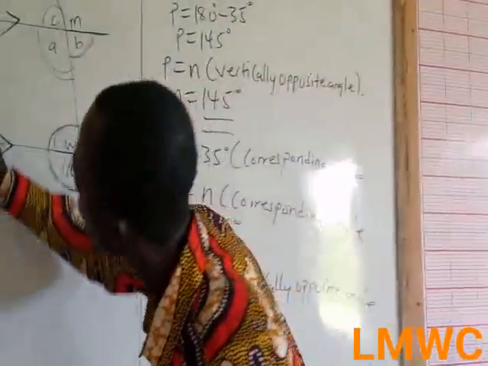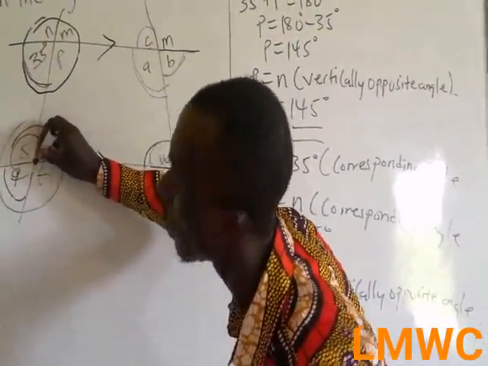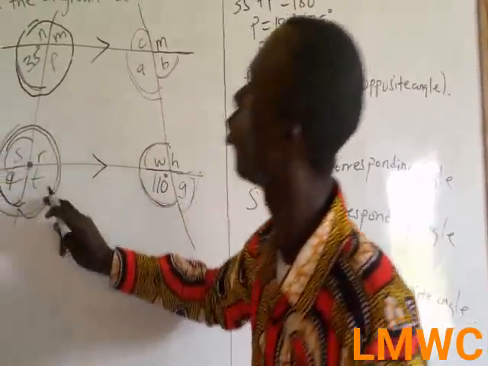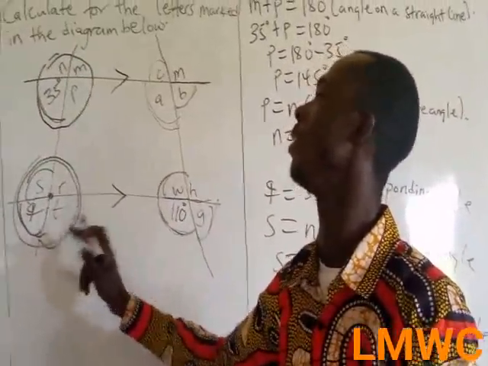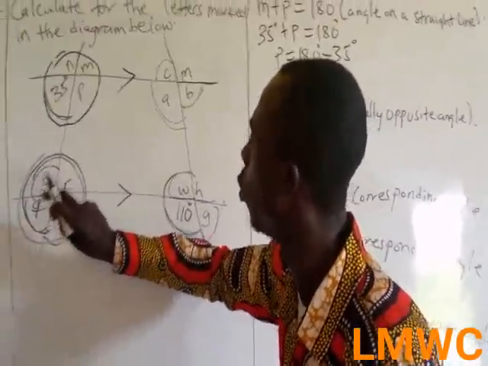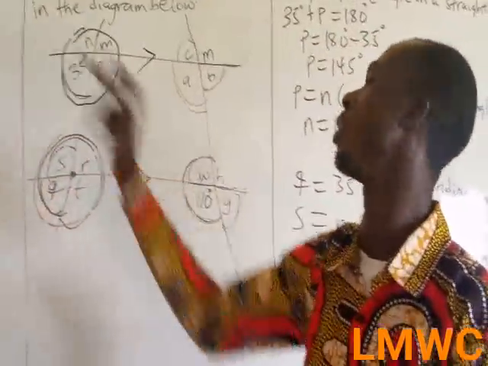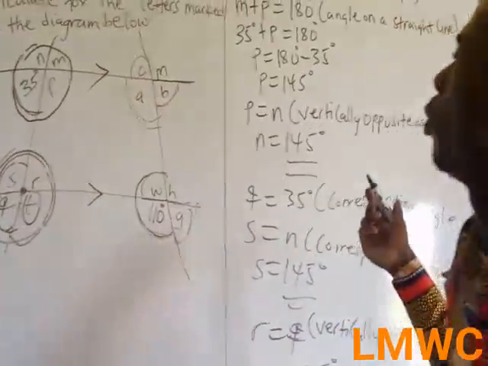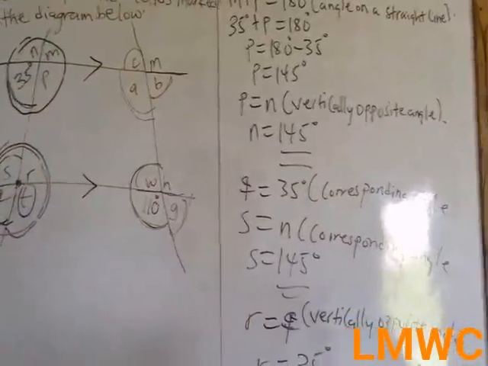So you can even use angle at a point here. Angle at a point adds up to 360. Once you sum these four angles, it will be equal to what? 360 degrees. So if you know this, this and this, to solve for this, you add these 3 and subtract from 360, you get your T. Or co-interior angle, you can apply co-interior angles here.